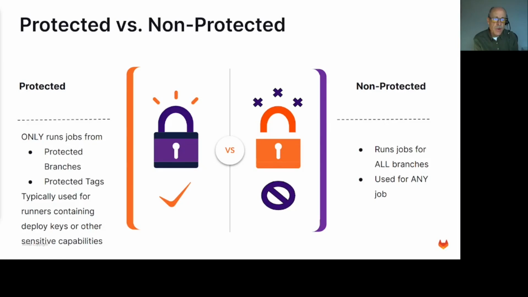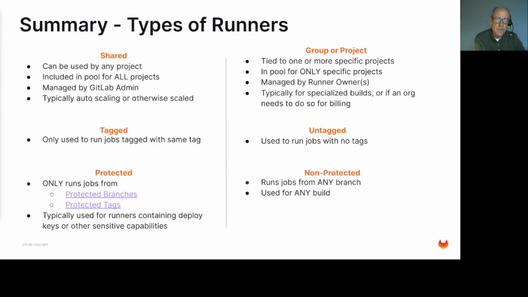You can protect runners so they don't reveal that sensitive information. When a runner is considered protected, the runner will pick up jobs created on protected branches or protected tags only, and it will ignore all other jobs. GitLab recommends protecting the runner if it contains deploy keys or other sensitive capabilities.